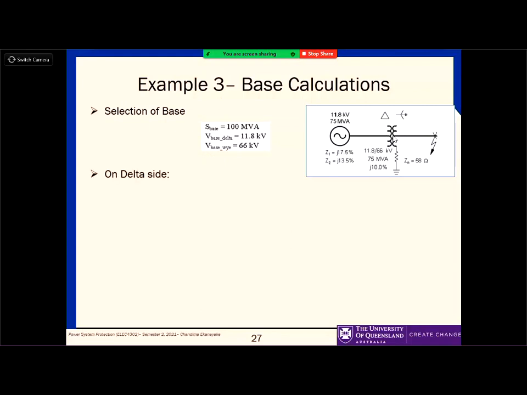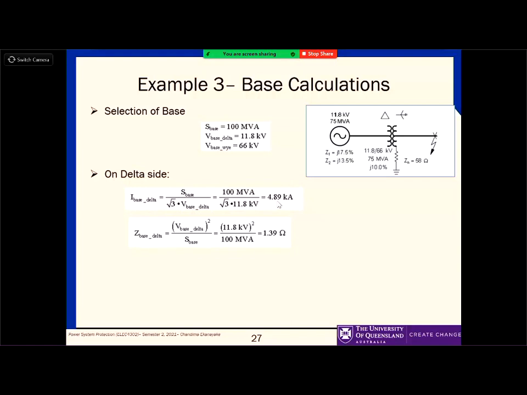Next, we will calculate the base quantities for the delta side. For the delta side, I base is equal to S base divided by square root 3 V base delta, so with 11.8 we get 4.89 kA. Next, Z base.